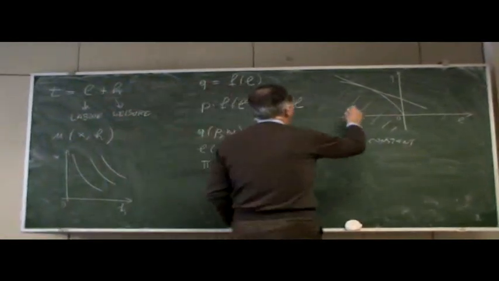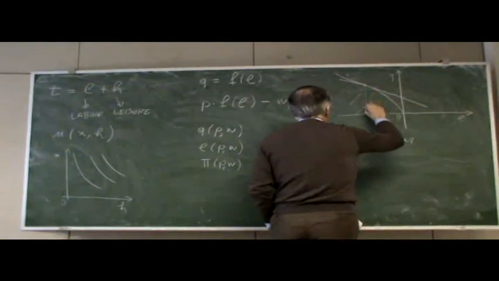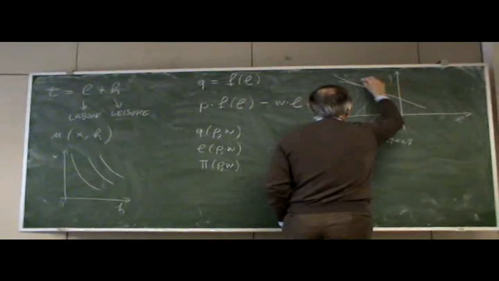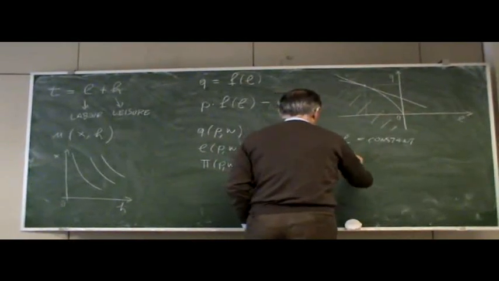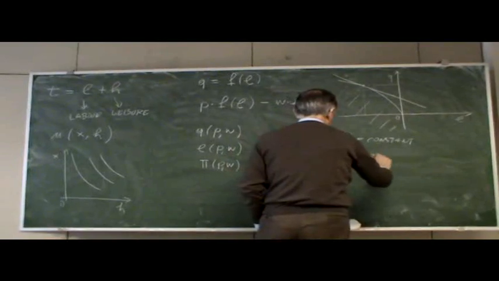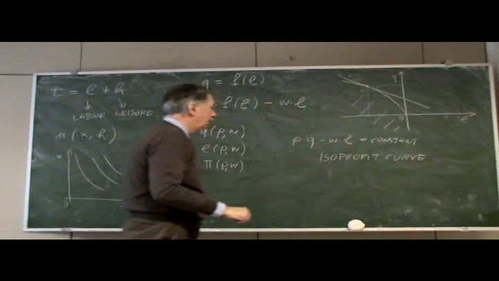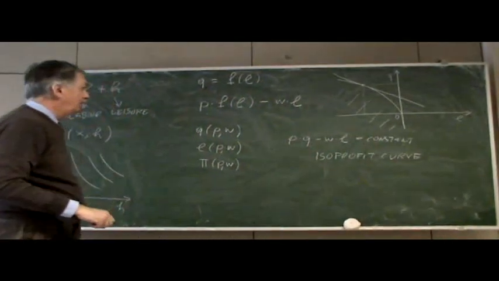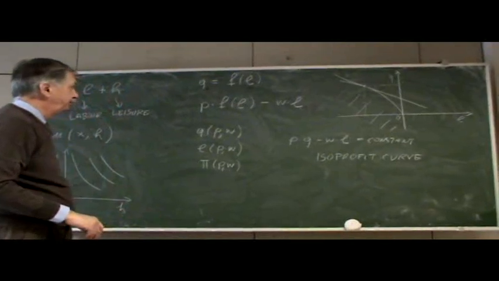The optimal point is the point which belongs to the highest isoprofit curve, as usual, as Salvador surely explained to you in the second part of the course. Is it clear?